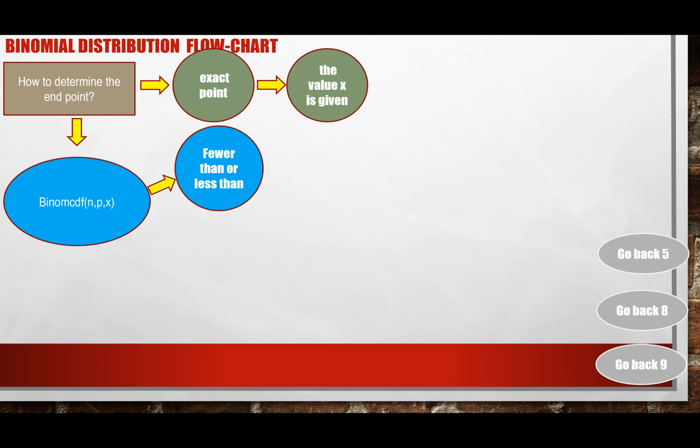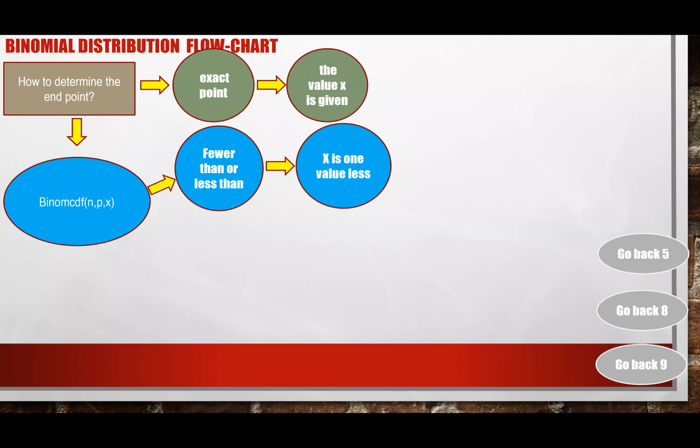So if it's fewer than or less than, the X is one value less than whatever they give you. For fewer than 6, your X value will be 5. This is how you determine the endpoint, how you determine the X.